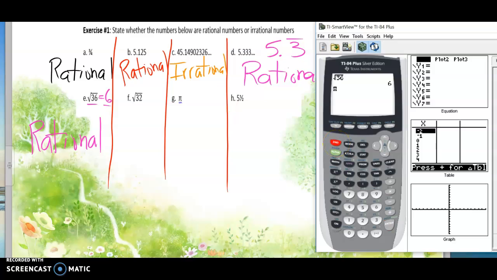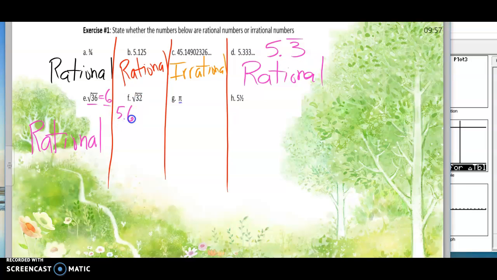Again, second x squared to get the square root going. 32 inside the square root. Jump out of there, press enter, and voila, 5.65684.